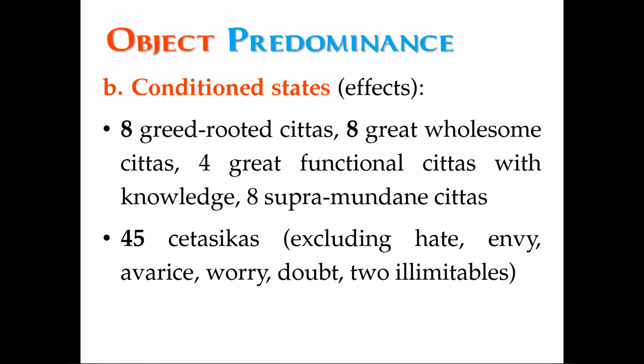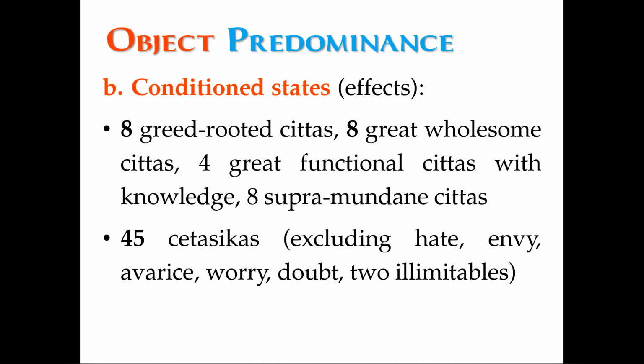When you see something, a normal object, arammana, it's very strong in your mind. You want to see it again and again. That is arammanadhipati, object predominance. Sometimes we listen to music many times, right?